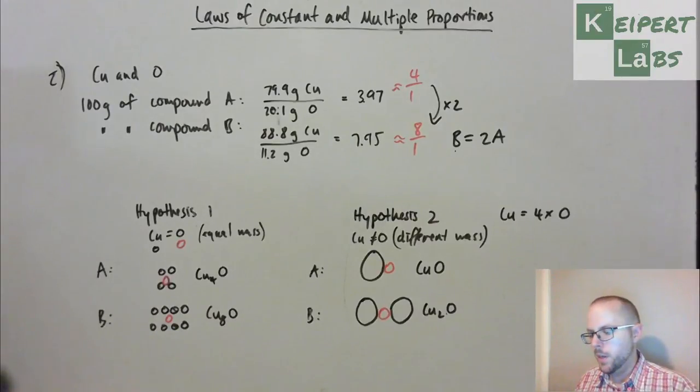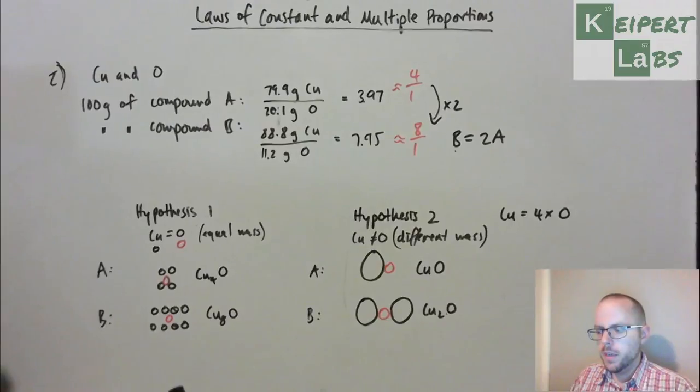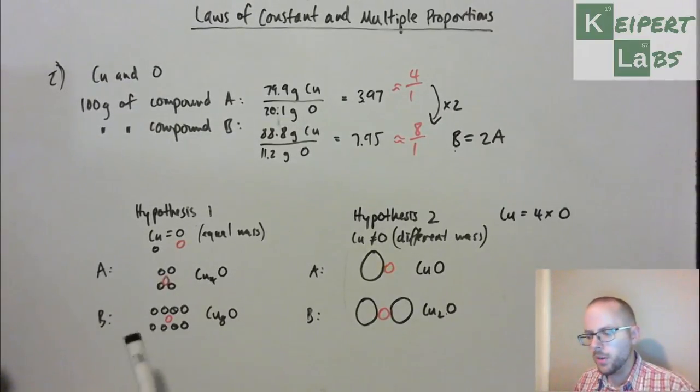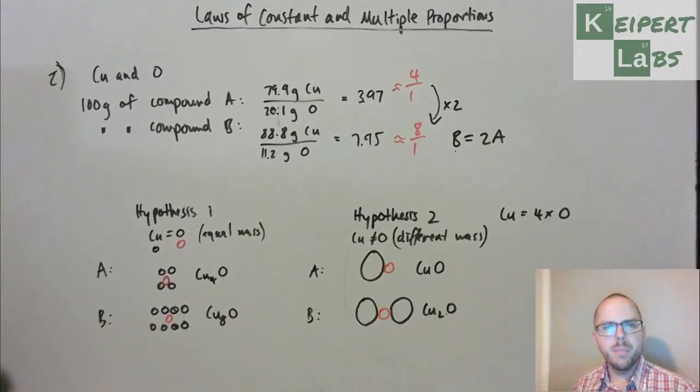Now with example 1 and example 2, we can spend a moment to weigh up which seems more logical, which is a better explanation for what we've observed. Does it seem reasonable that all elements, carbon and oxygen, copper and oxygen, should have the same mass? Well, no. That's part of how we distinguish between elements: we recognize that their particles are different, that they have different masses.